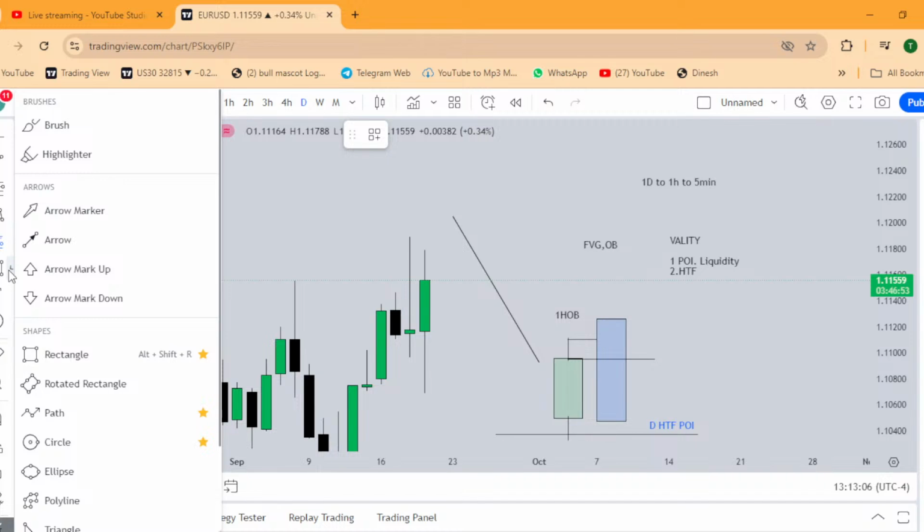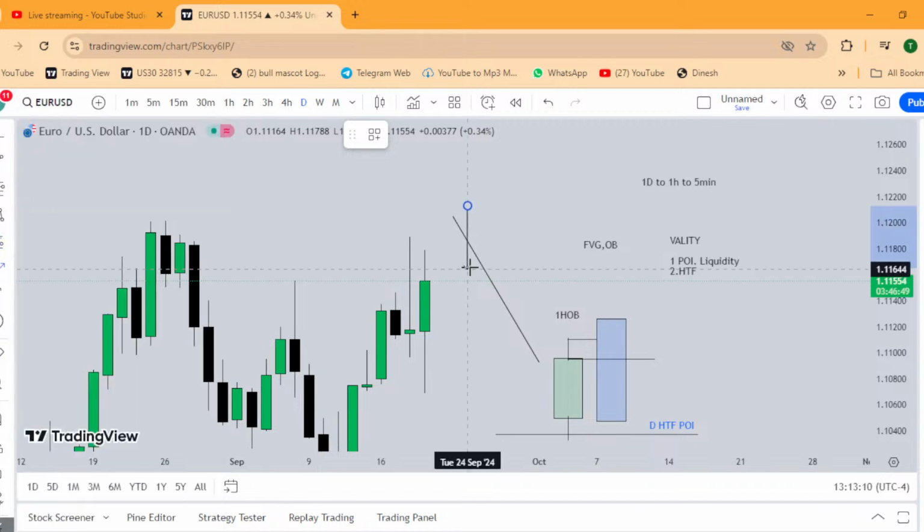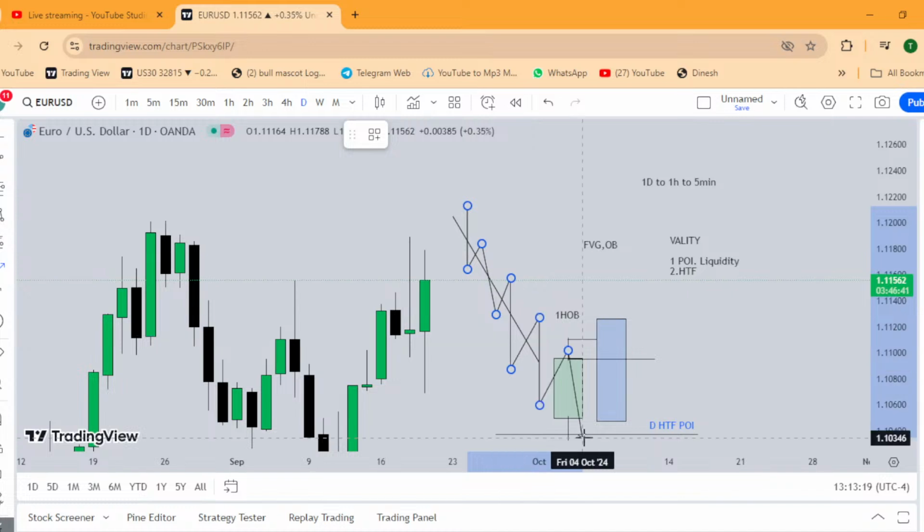So when price is dropping down, dropping down, dropping down, then finally it hits a strong zone. When it hits a strong zone, it creates this big candle you're seeing here. And this big candle displaces and closes up.